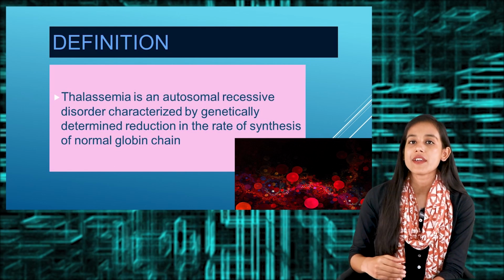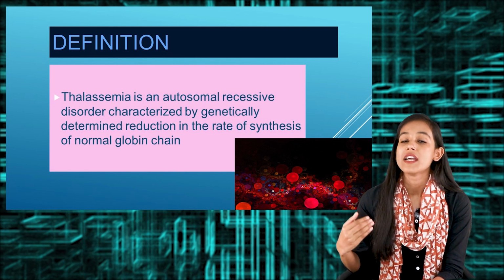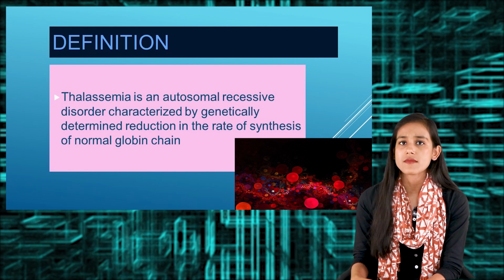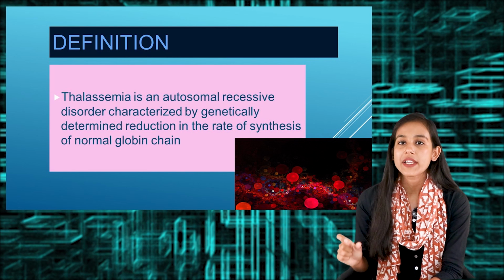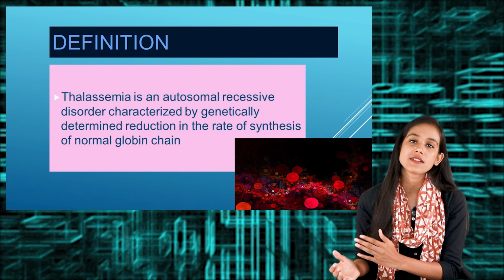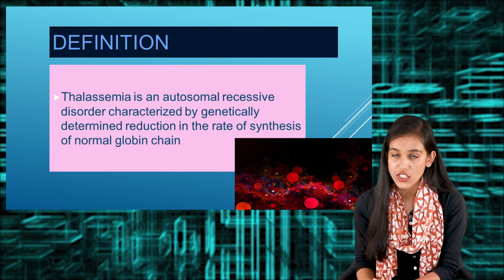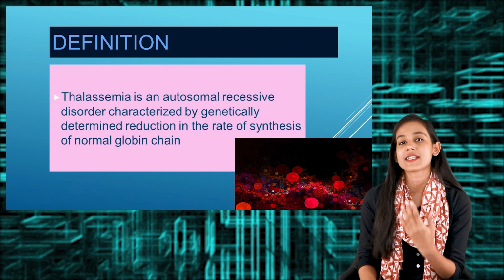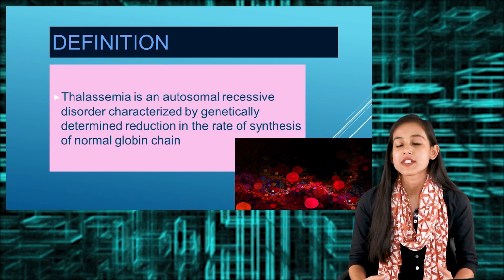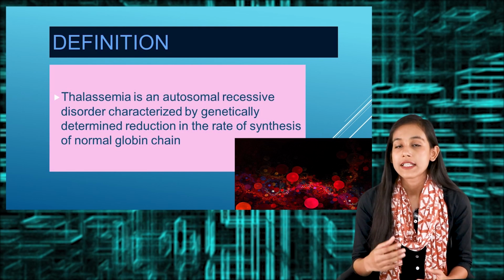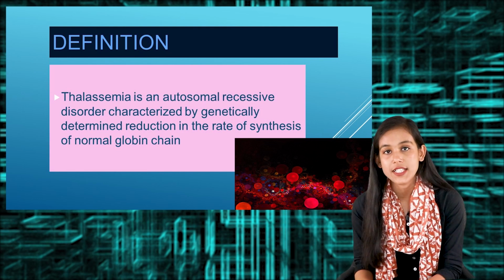But here we are saying that it is an autosomal recessive disorder. So when it is a recessive disorder, if one of these genes is a mutated gene and the other one is the healthy gene, it cannot cause the disorder, because it is not that powerful that it can overpower the healthy gene.